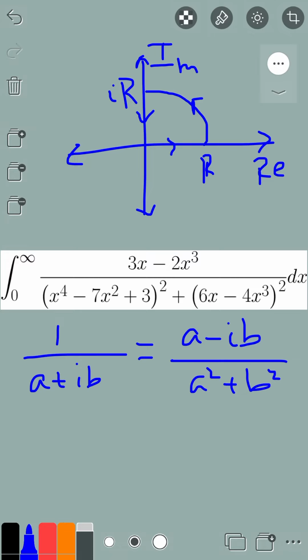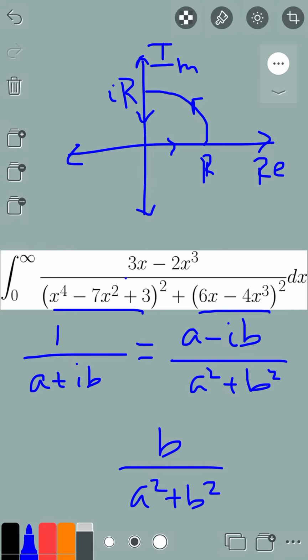And if we take the negative of the imaginary part, we get b over a squared plus b squared. Our integrand is similar to that form, not exactly, because here this is our a and this is our b, and the numerator is not exactly b but b divided by 2, because b here is 6x minus 4x cubed. When we divide it by 2, we get 3x minus 2x cubed. So our integrand is of the form b over a squared plus b squared.